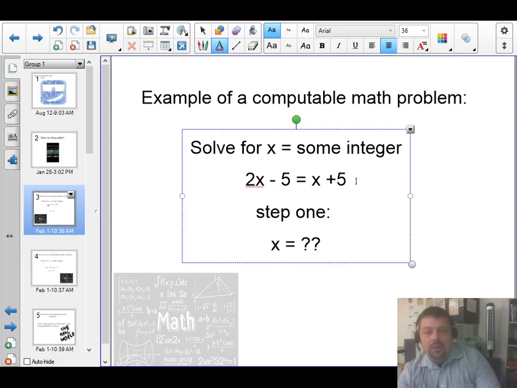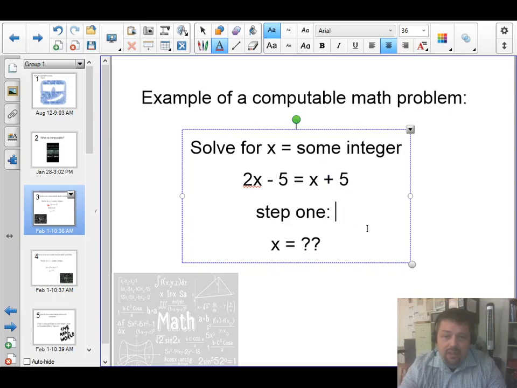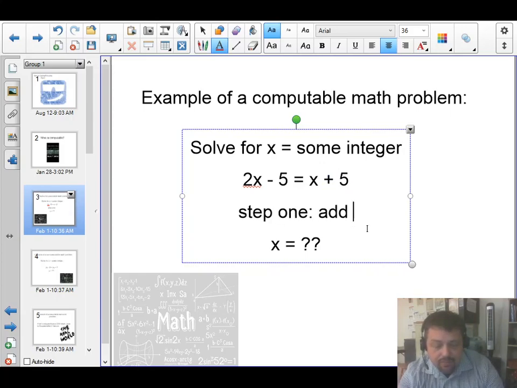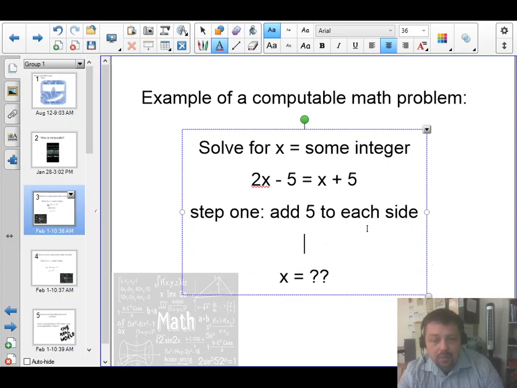For step one, I'm going to use what's called the addition property of equality, which allows me to add 5 to each side. The result is going to look like this.